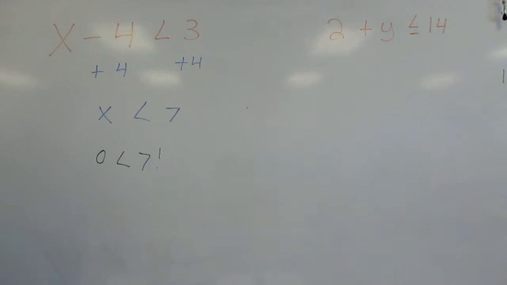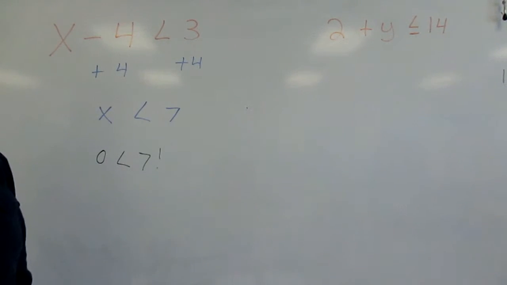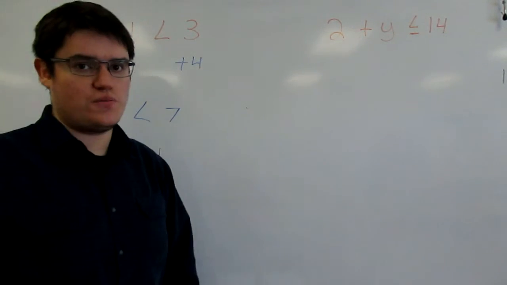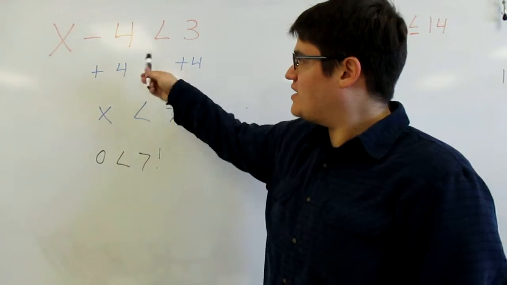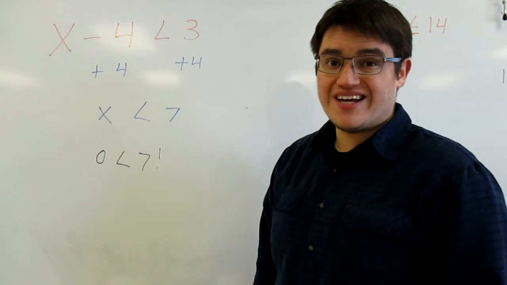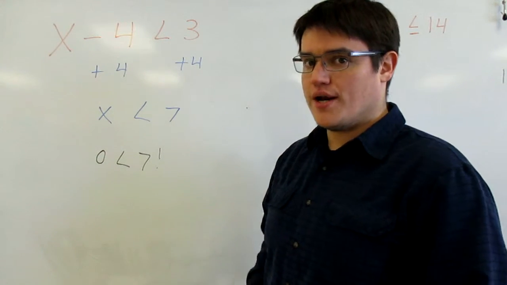So let's see. 0 minus 4 is negative 4. Is negative 4 less than 3? Yeah! So when we added 4 to each side, nothing changed. So we could think, when we add numbers to each side of our inequality, nothing changes. It's just like an equation. Bam!